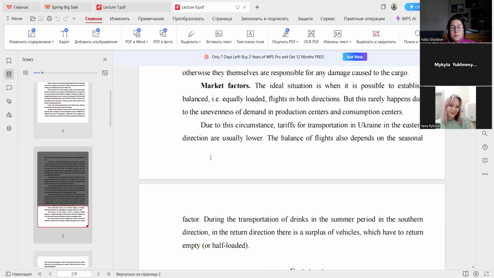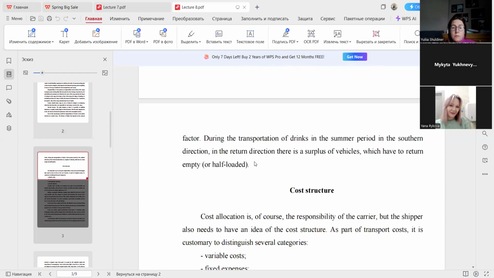Due to this circumstance, tariffs for transportation in the eastern direction are usually lower. The balance of flights also depends on the seasonal factor. During the transportation of drinks in the summer period in the south direction, in the return direction there is a surplus of vehicles which have to return empty or half loaded.